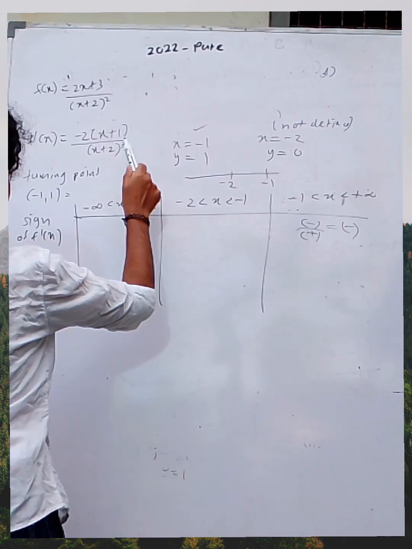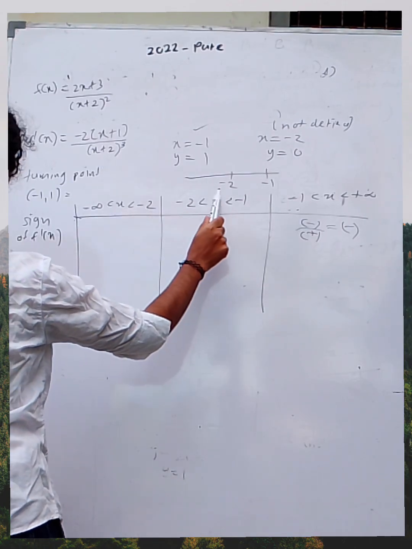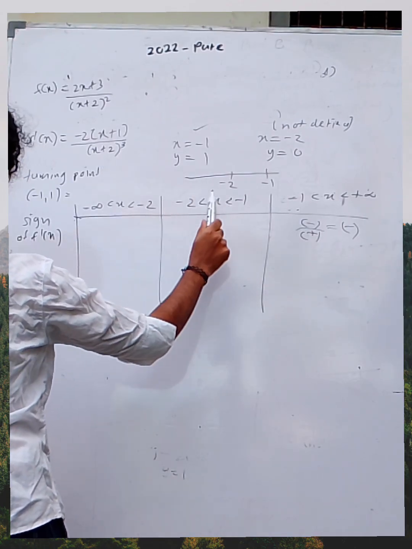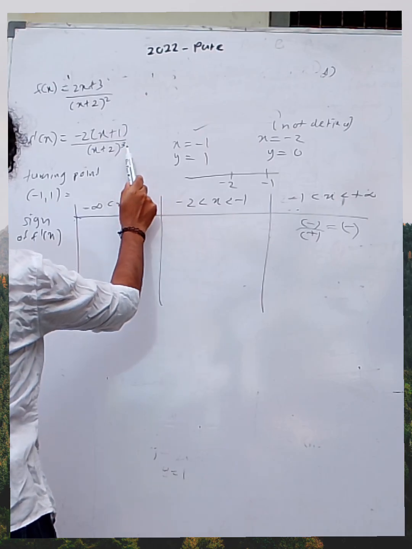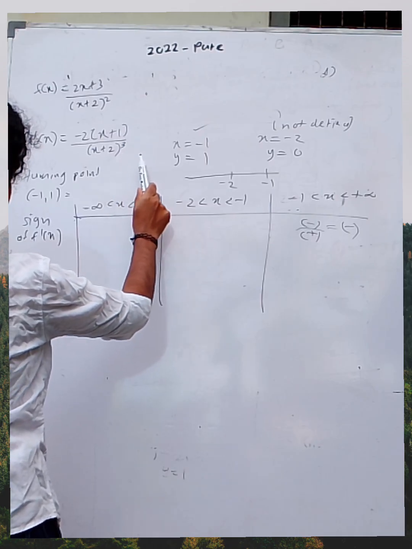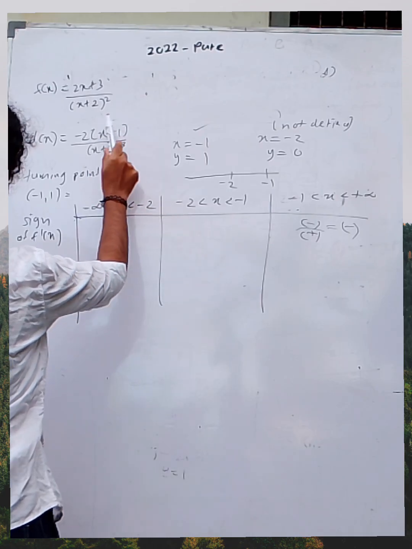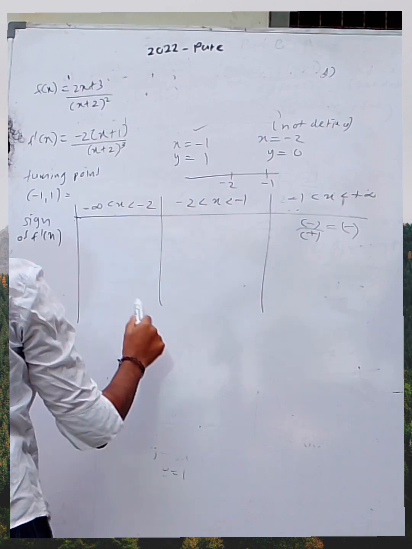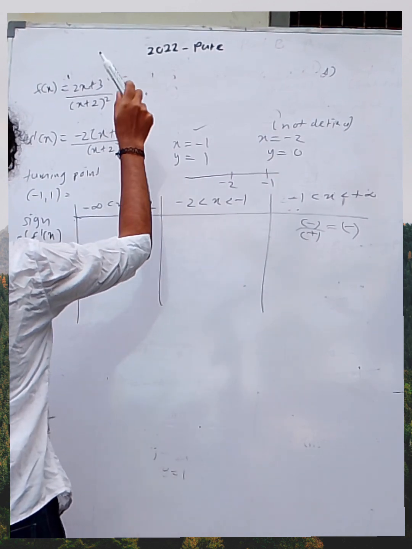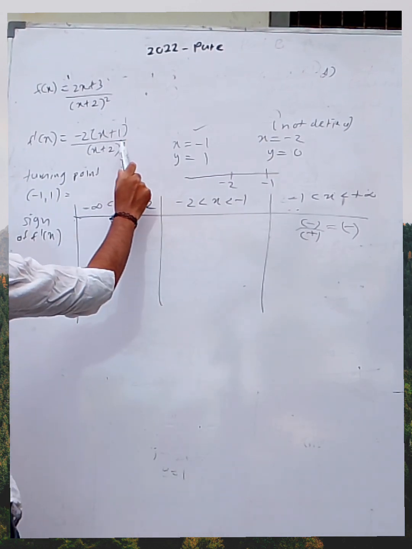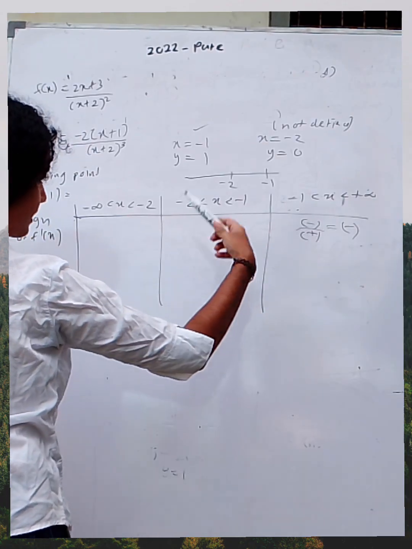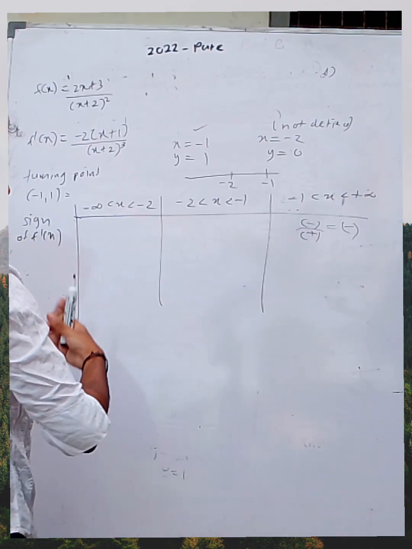But you see, I'll consider this part, the range for this value. Here the power is 1. Once you get odd numbers as the power, the sign automatically changes to its opposite sign.